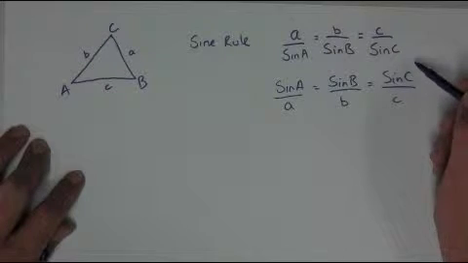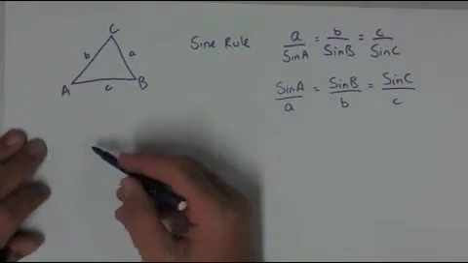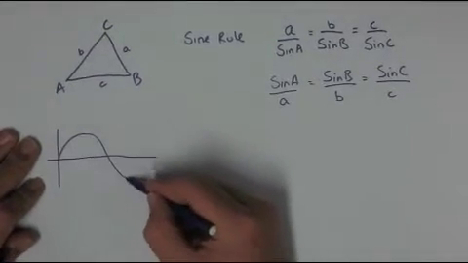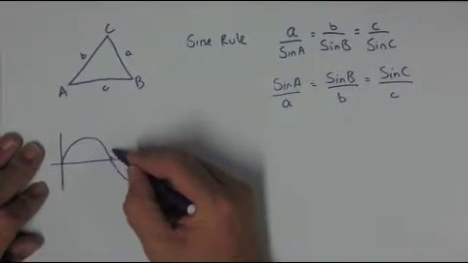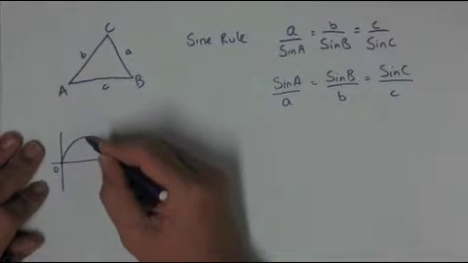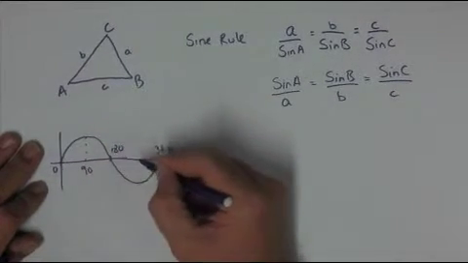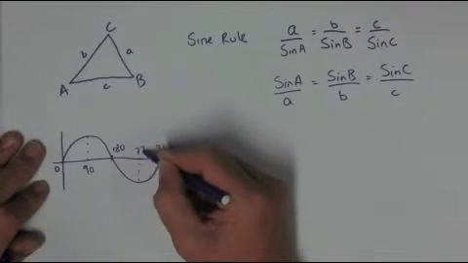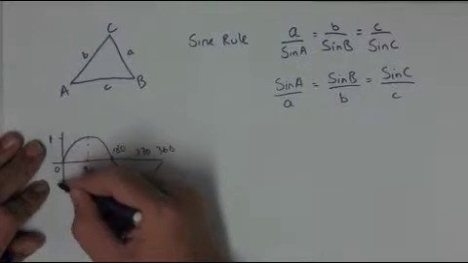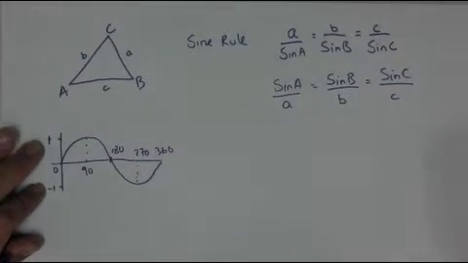Now, the important thing to note here is if you think about the sine function for a moment. The sine function goes through 180 there, 360 there, and 0. And we have a midpoint here of 90 degrees and a midpoint there of 270 degrees. And a standard size sine function goes from 1 to -1.